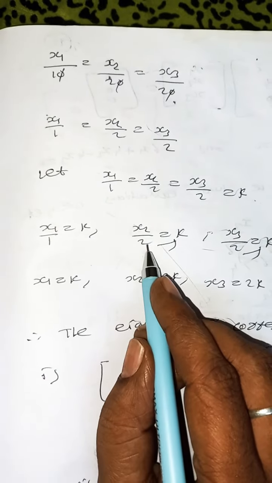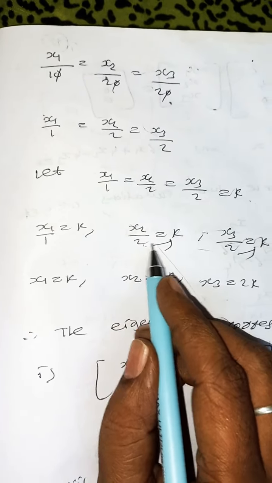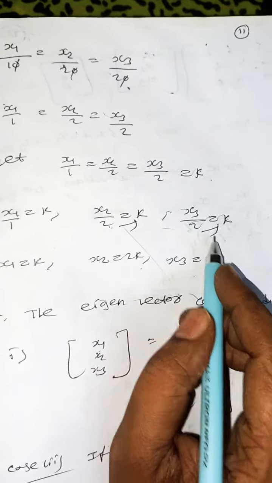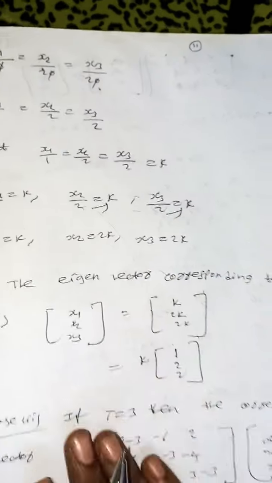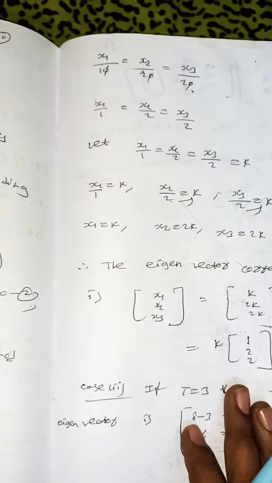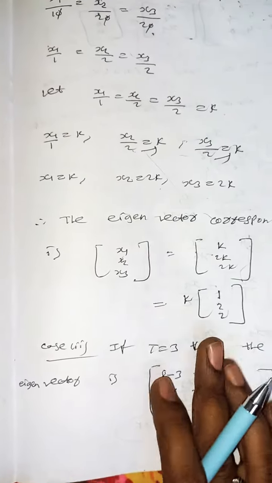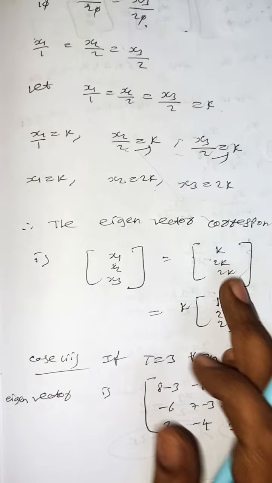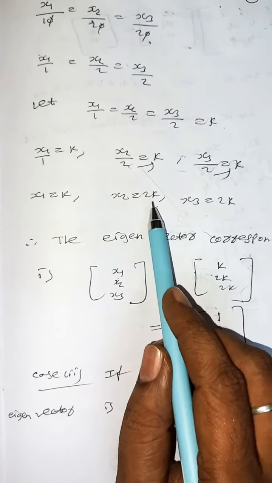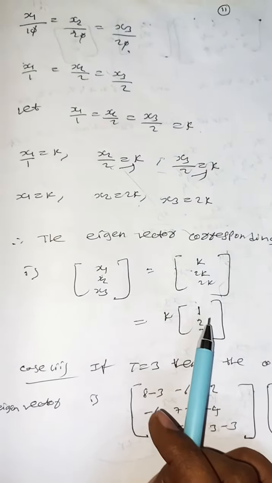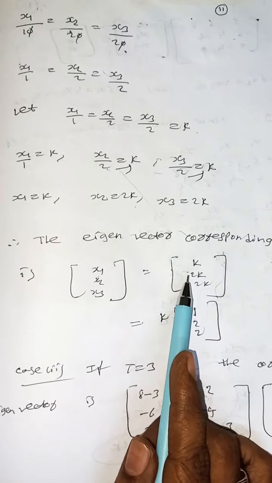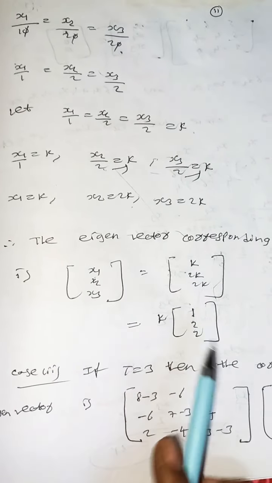So x1 equals k, x2 equals 2k, and x3 equals 2k. Therefore the eigenvector corresponding to lambda equals 0 is x1 equals k, x2 equals 2k, x3 equals 2k. Take k outside. What are the remaining terms? 1, 2, 2.